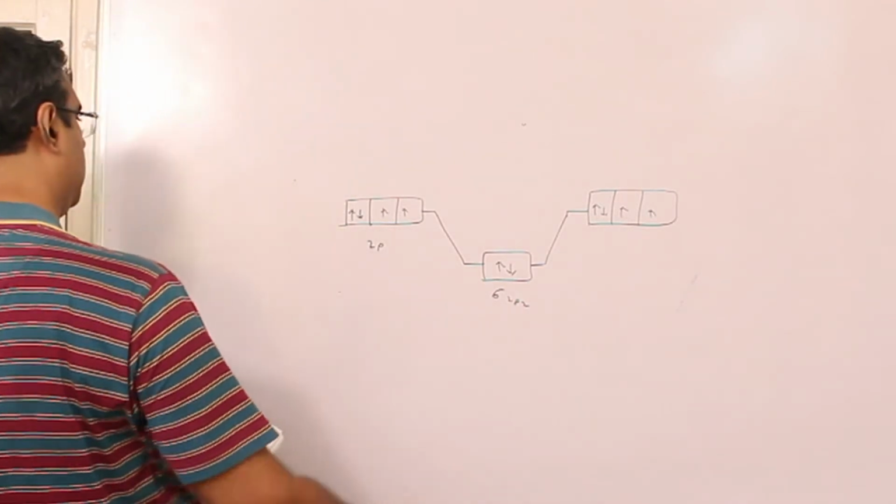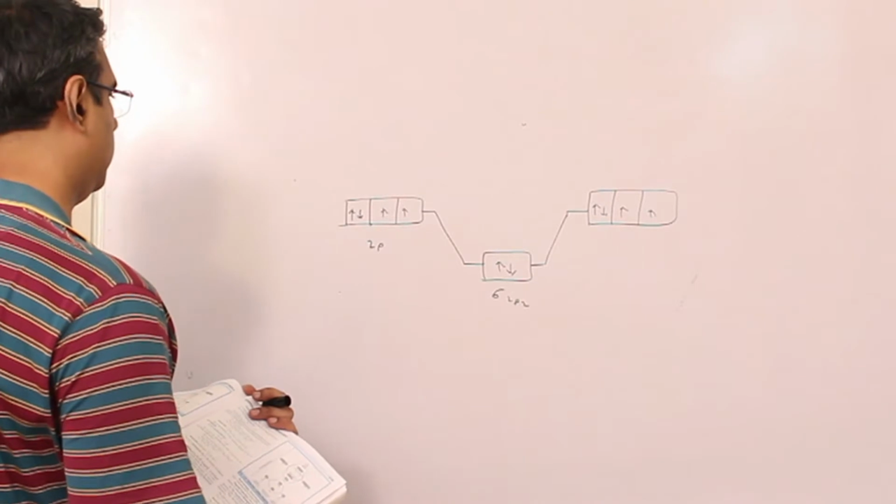So for O2, you know that the configuration is 1s2, 2s2, 2p4.